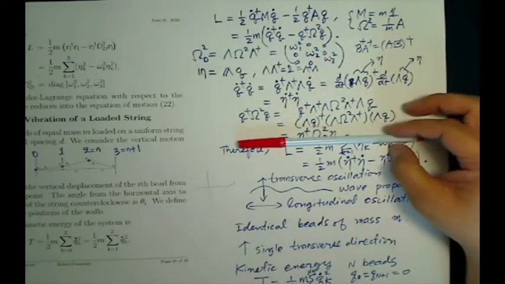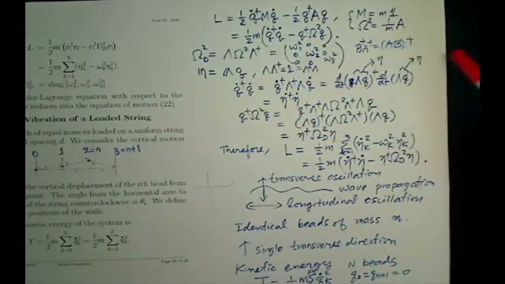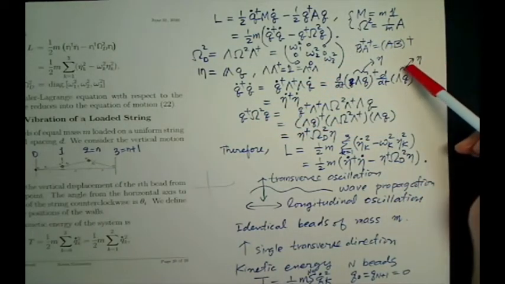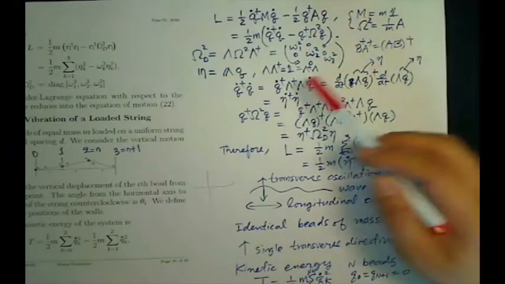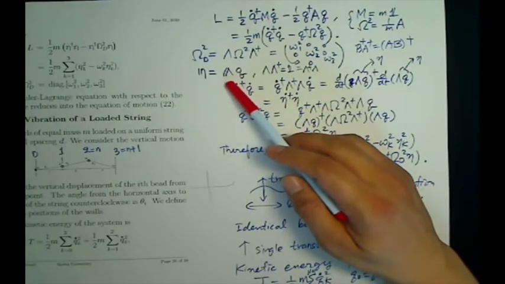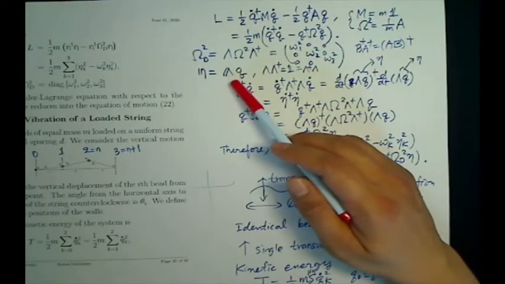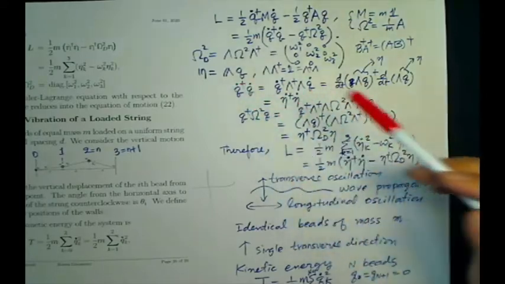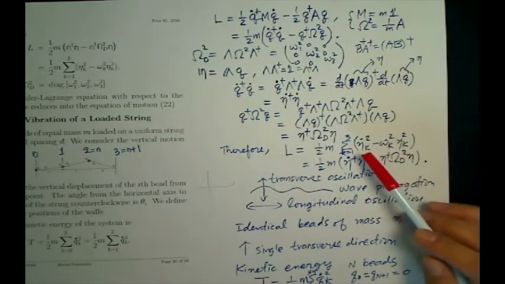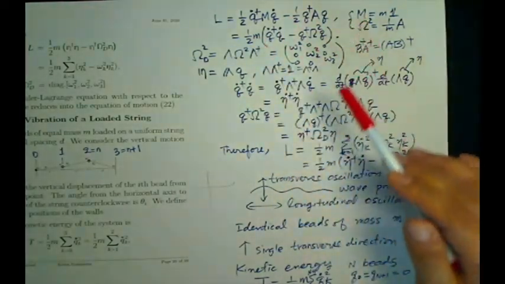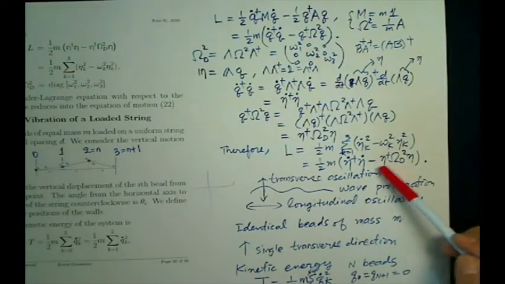And we'd like to find the transformation matrix lambda consisting of eigenvectors. And at the end of the day, we'll express this system in terms of normal coordinates.